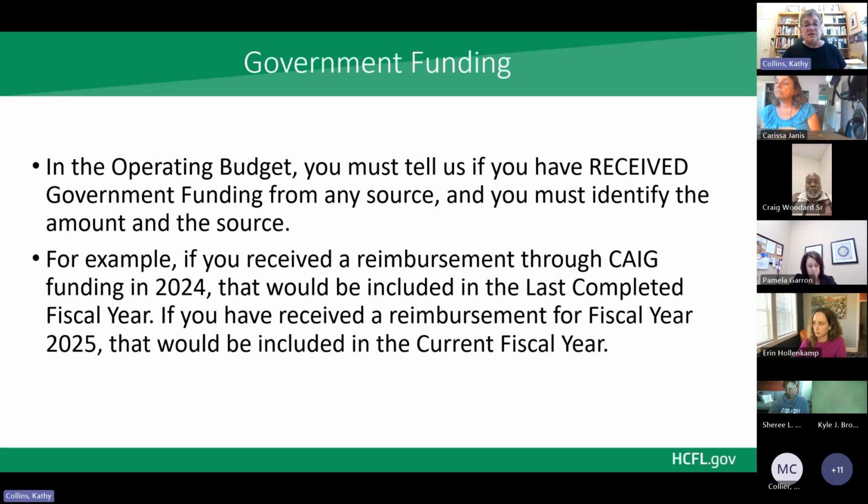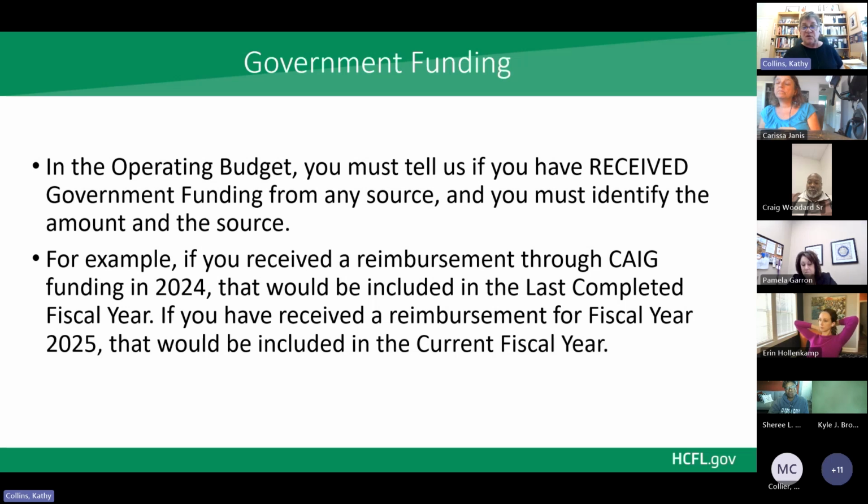Now, one of the things in the operating budget it asks whether or not you have received government funding from any source, and then you have to identify the amount and the source. So if, for example, you received a community arts impact grant last year in fiscal year 2024, you would include that in that section, and then you would tell us what it was for. If you received money from the city of Tampa, you would tell us that it was there.